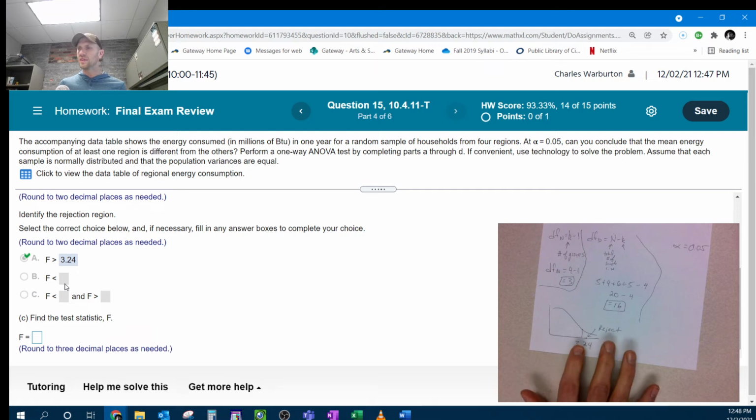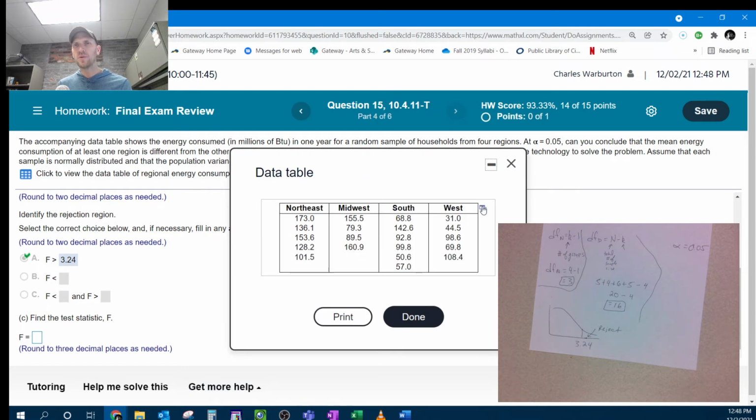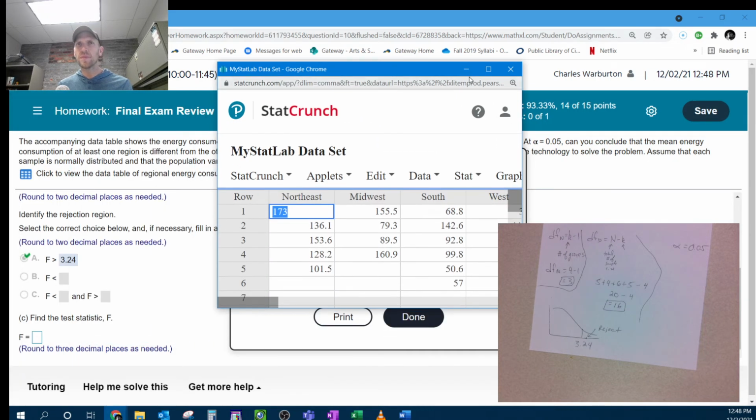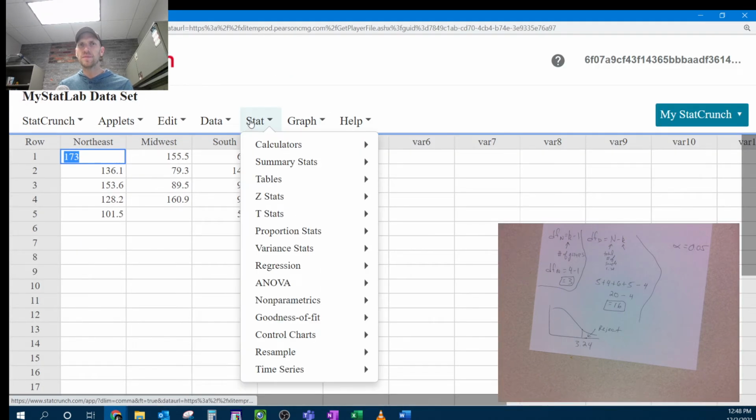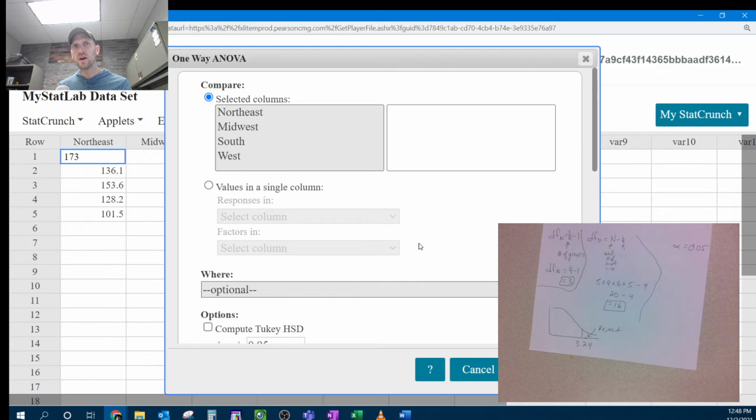And now it says, take the sample that you have and convert it to an F statistic. So we got to take our samples, upload them in StatCrunch, and get that F statistic. Stat, ANOVA, one way. Select all of the columns.